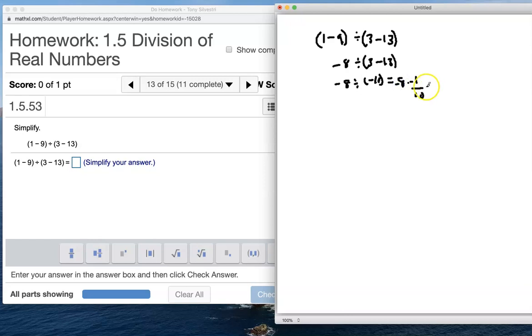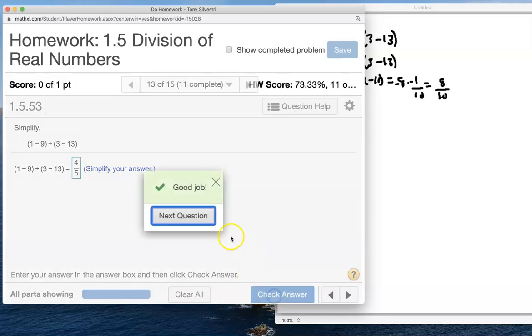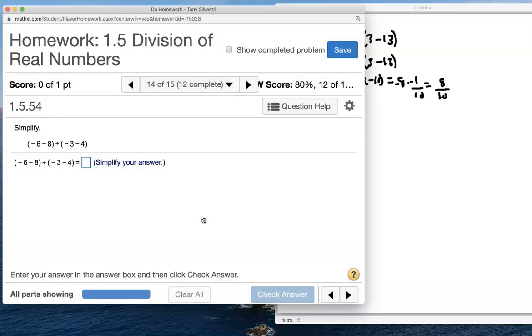Oh, I forgot the negative. It's negative 8. So what we have is negative 8 times negative 1 is 8, divided by 10. But you're not going to do 8 divided by 10. Instead, what you're going to do is simplify that to 4 over 5. See? That's all.